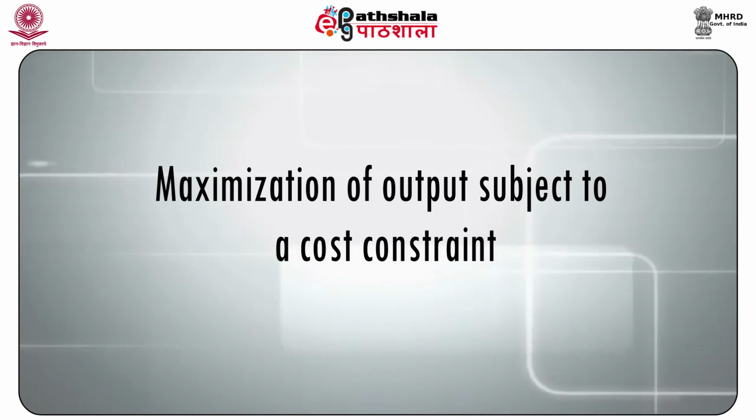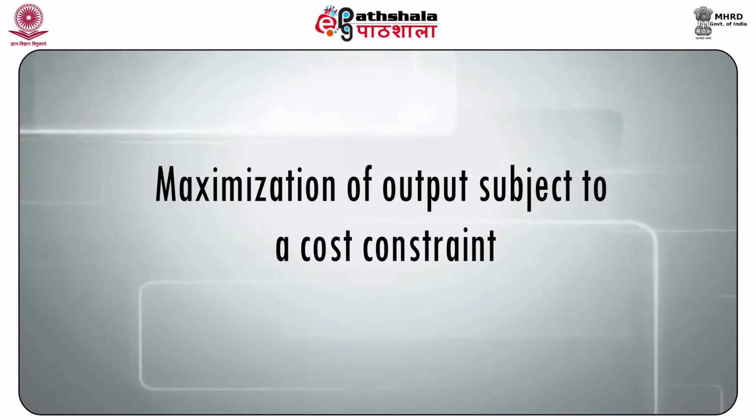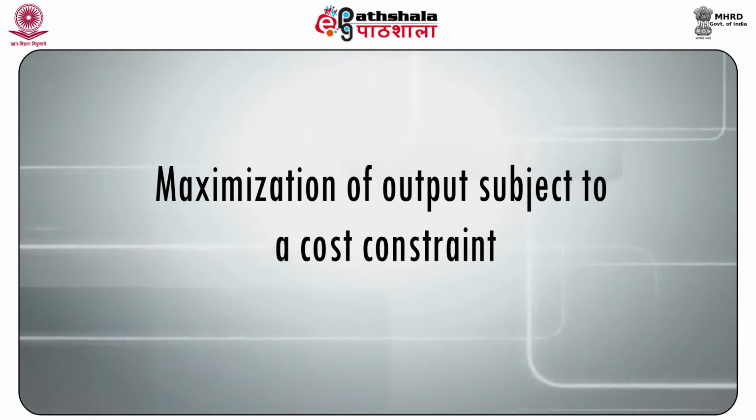convex to the origin. Case second, maximization of output subject to a cost constraint. If the cost of production is given and producer aims to maximize his output, then he will be faced with, first, an isocost line PQ showing cost constraint. Second, a series of isoquants. Higher isoquant shows higher level of output.